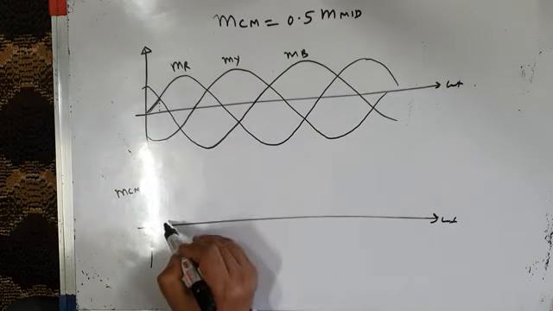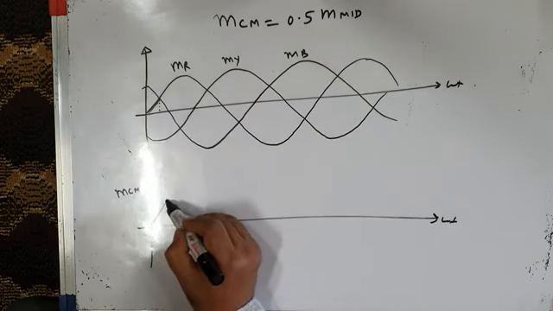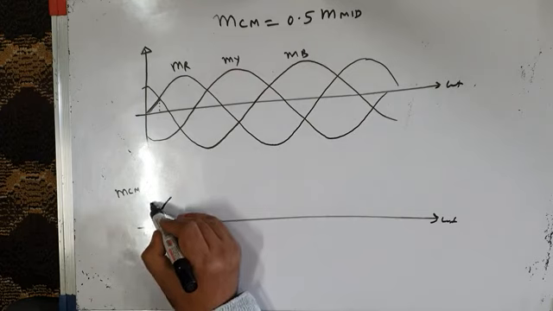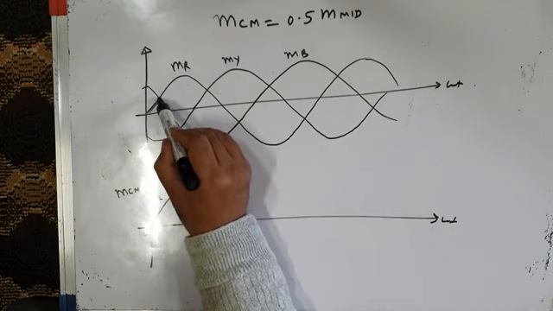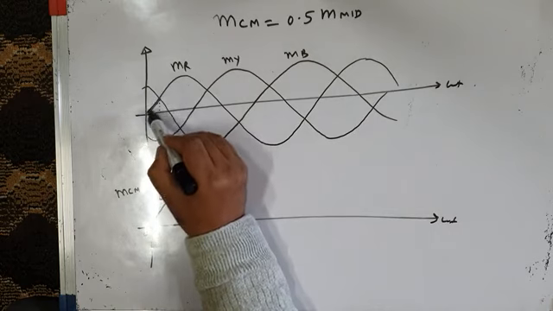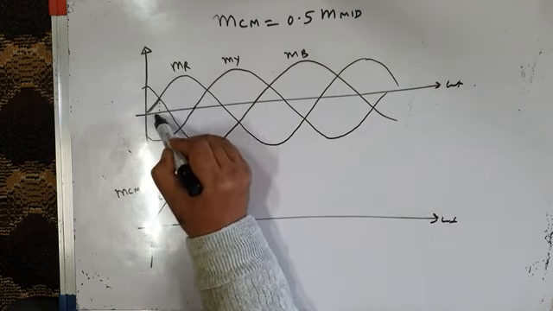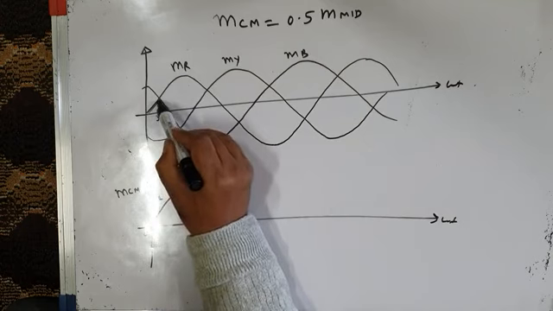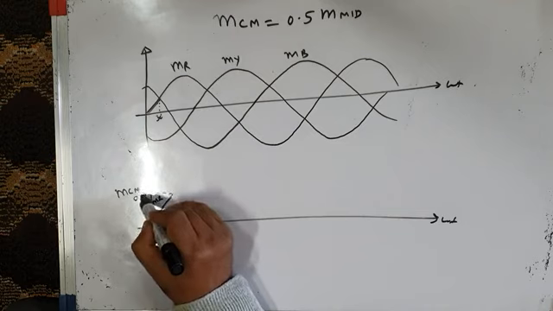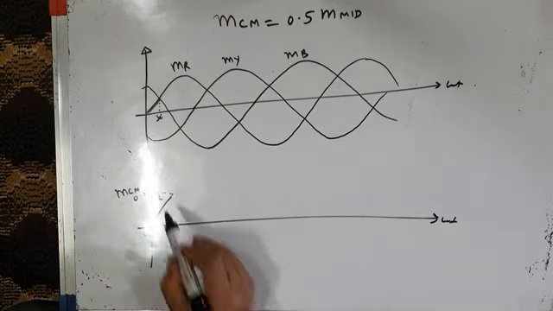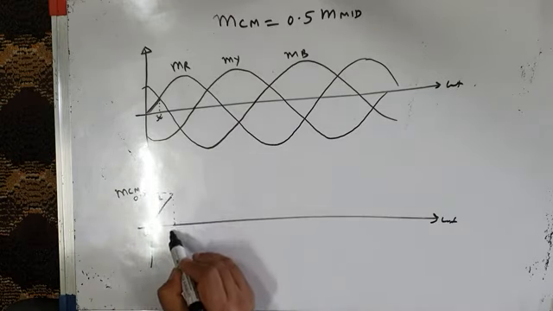So from 0 to 30 degrees, I will draw this MR. MR is my middle waveform. And at this point, what is its value? It is a sinusoidal waveform. Here the angle is 30 degrees and sine 30 degrees is 0.5. That means its peak value is 0.5. Here it is 0.5, and this angle is 30 degrees.